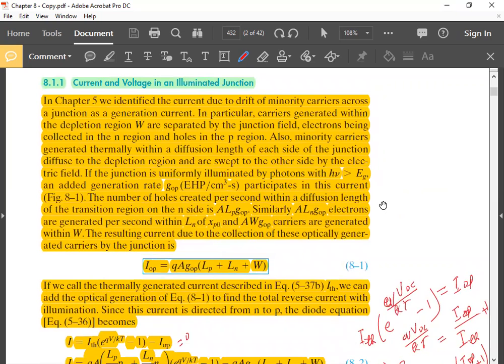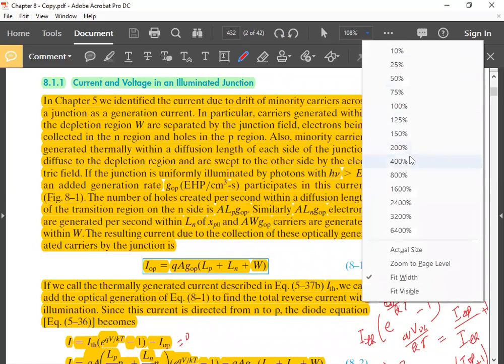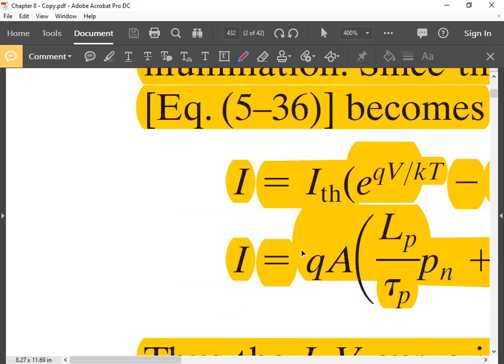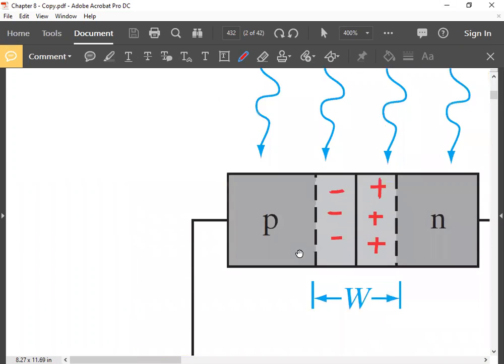So in particular, carriers generated within the depletion region W are separated by the junction field, electrons being collected in the N region and holes in the P region. In order to explain this, it's better if I show you the zoomed in diagram.